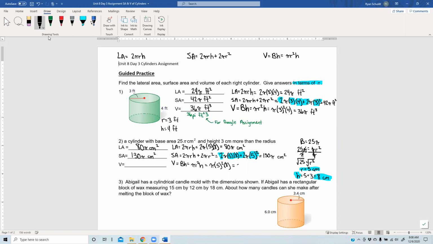So that would give us 200 pi centimeters squared. Or no. This is volume. This is centimeters cubed. So 200 pi centimeters cubed. Don't do like I just did and put square. It is cubed because we're doing volume.